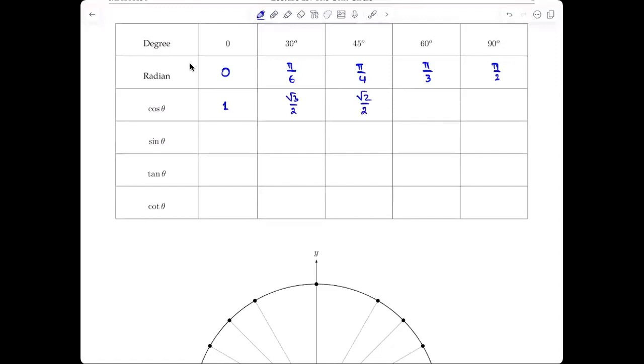This is root 2 over 2. This is 1/2. And this is 0. Now you just take all of these numbers and mirror them. You should have, this is 0, this is 1/2. This is root 2 over 2. This is root 3 over 2. This is 1.